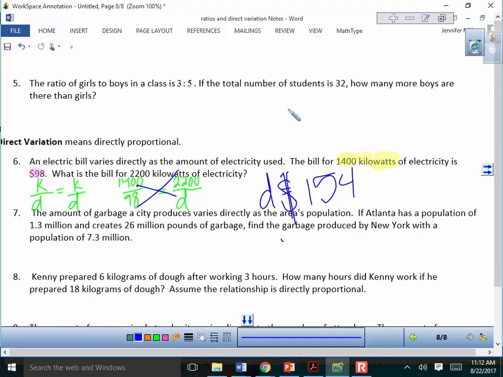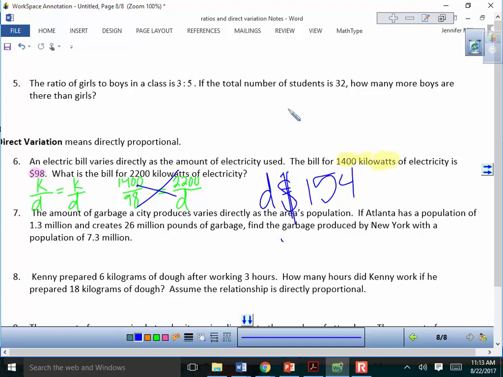Why does that make sense? Because the more of a population, the more trash. Right. As the population increases, you're going to have more garbage, right? Okay, so it does make sense.